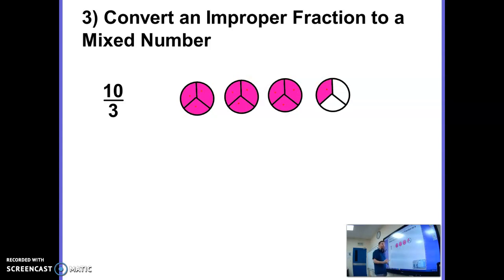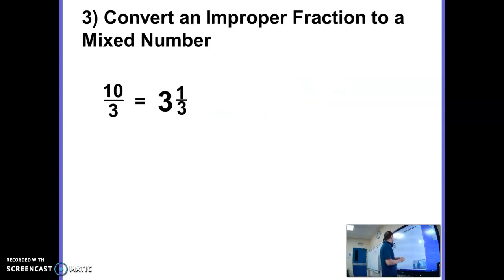So there were 3 whole ones, and 1/3 extra. 3 and 1/3. You could draw diagrams for some of these, but obviously when you get to big numbers, it gets confusing. So 10 thirds is the same as 3 and 1/3.